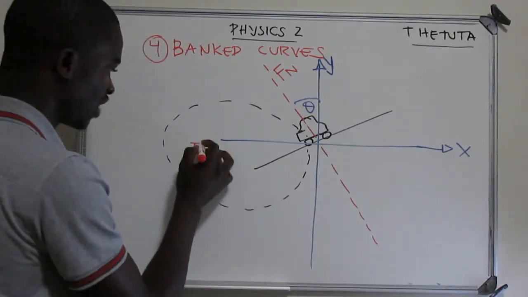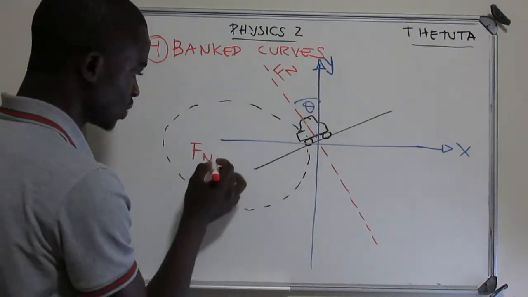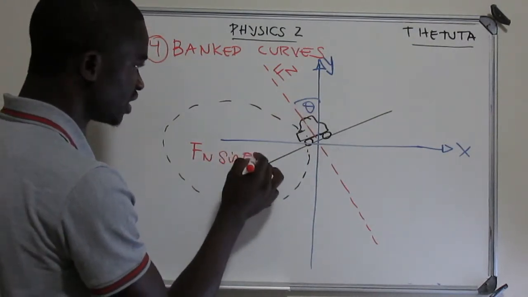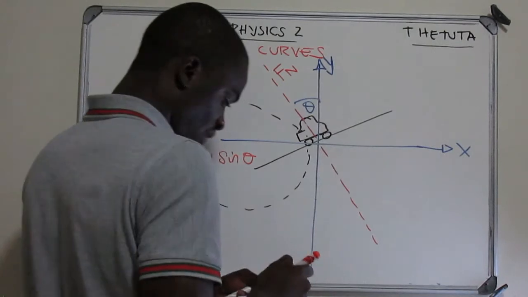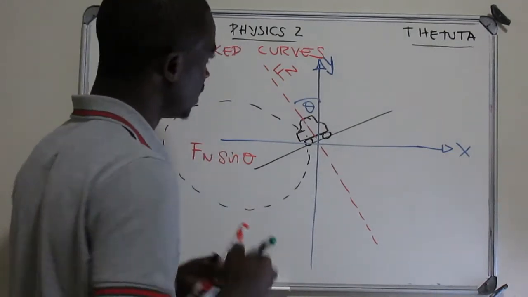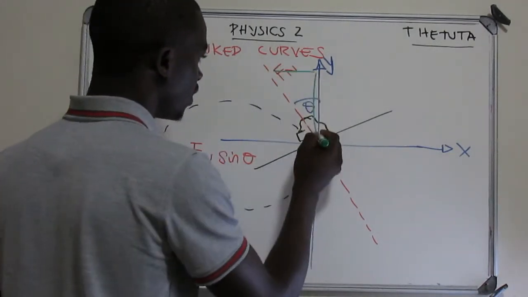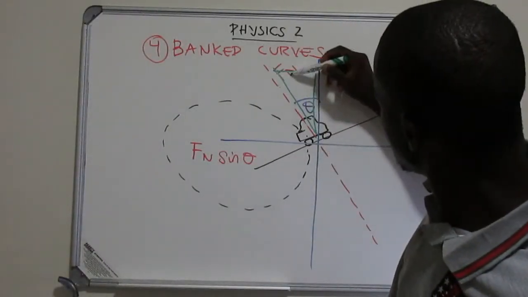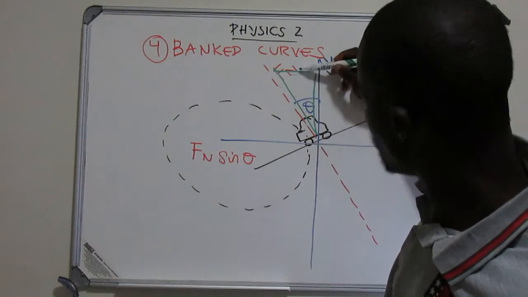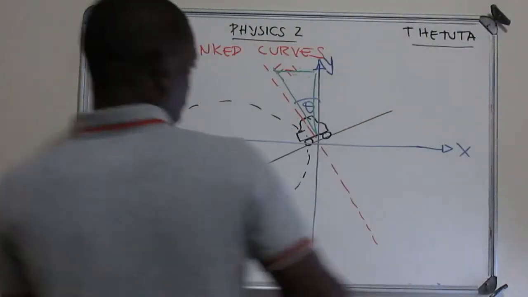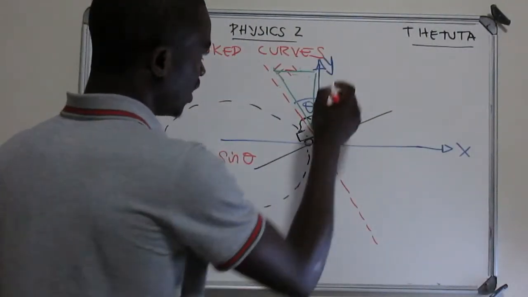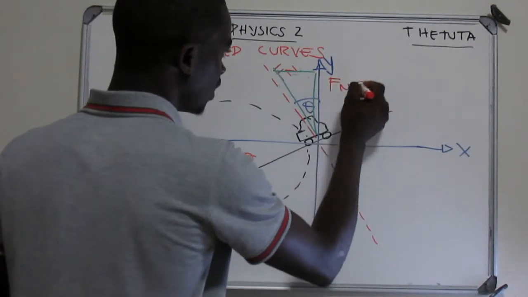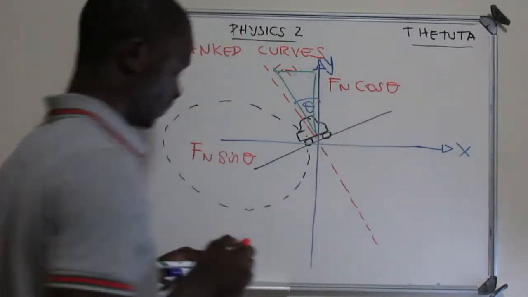Our net force in x is going to be given by sine of theta, because if you come to this triangle here and project this net force in x, it's going to be opposite. So it's sine. Therefore, for the y axis, our net force is going to be given by cos theta. Okay?